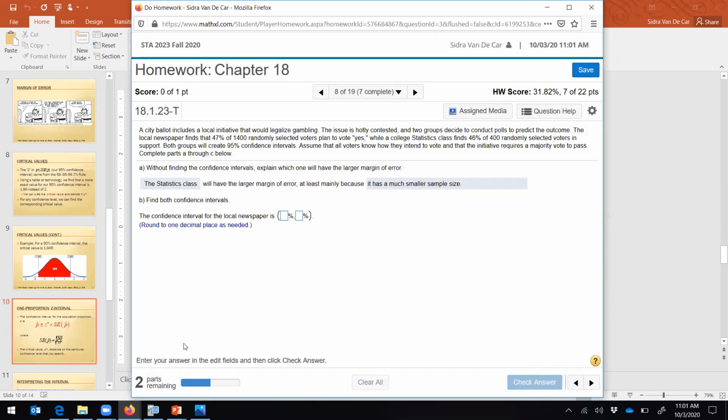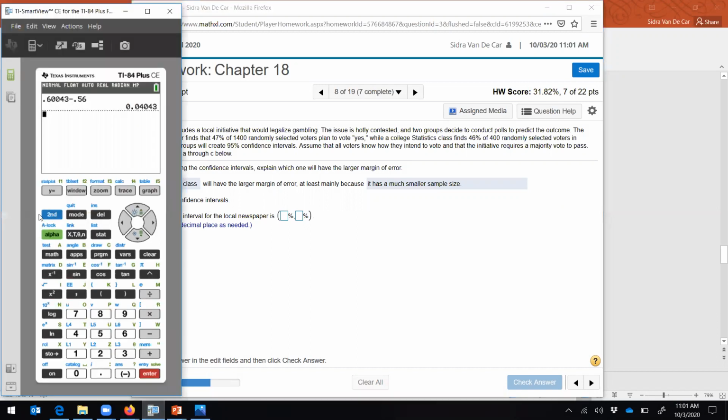Find both confidence intervals. Okay, so for the local newspaper, keep hitting second. Okay, stats, tests, A. We're doing 47% of 1,400.